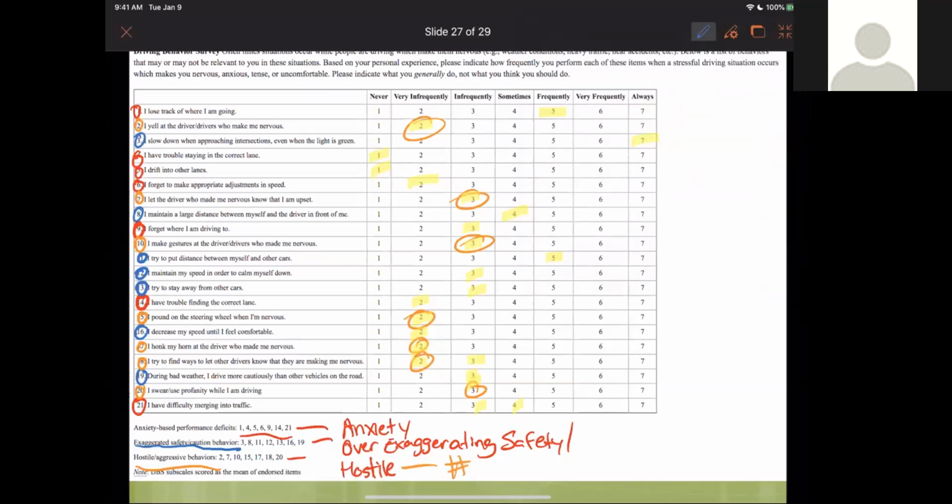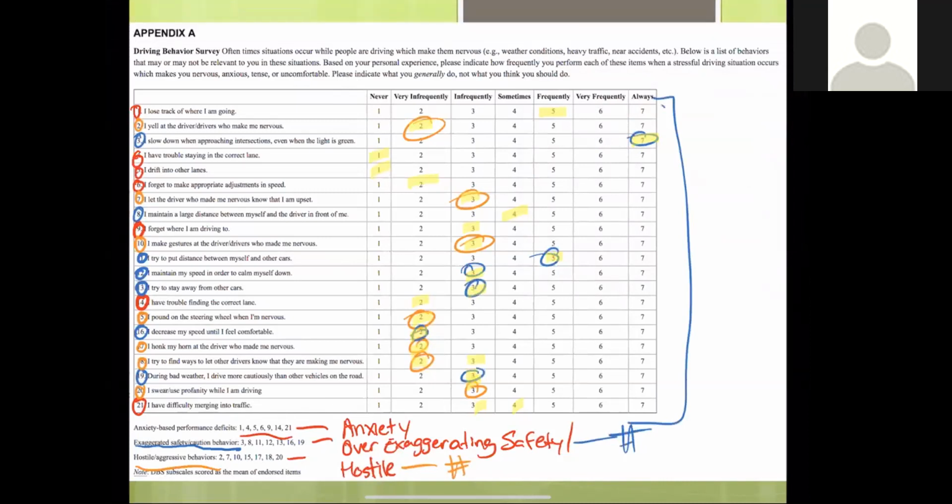If we go back, we can use our blue numbers to figure out the score on exaggerated safety, and so on. If you add all of these numbers up, you have a total measure of how potentially bad or dangerous of a driver you are. But we can also have this scale that shows you're not overall a bad driver, but you are over-exaggerating or overly cautious.